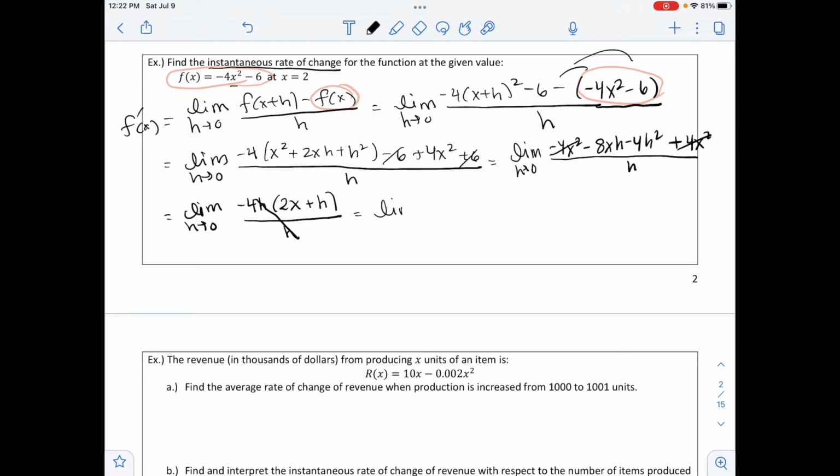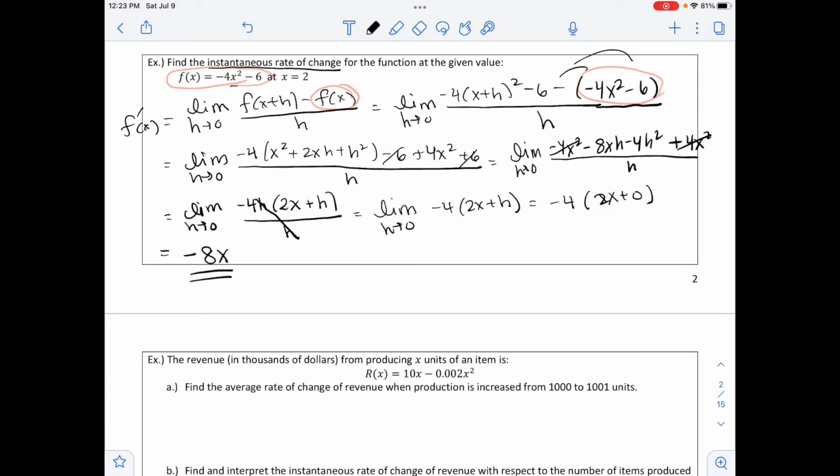And then we have the limit as h approaches 0 of negative 4 times 2x plus h. And h is approaching 0, so I'm going to use direct substitution there. And I have negative 4 times 2x plus 0, which reduces to just negative 8x.